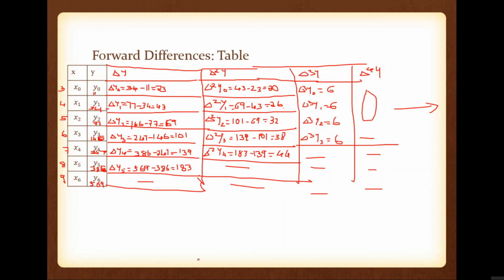So in general, if the delta raised to ith column has constant entries and the delta raised to i plus 1th column has 0 entries, then we can say the unknown function may be, not 100% sure, an ith degree polynomial. Please note that. Is it okay, all of you?